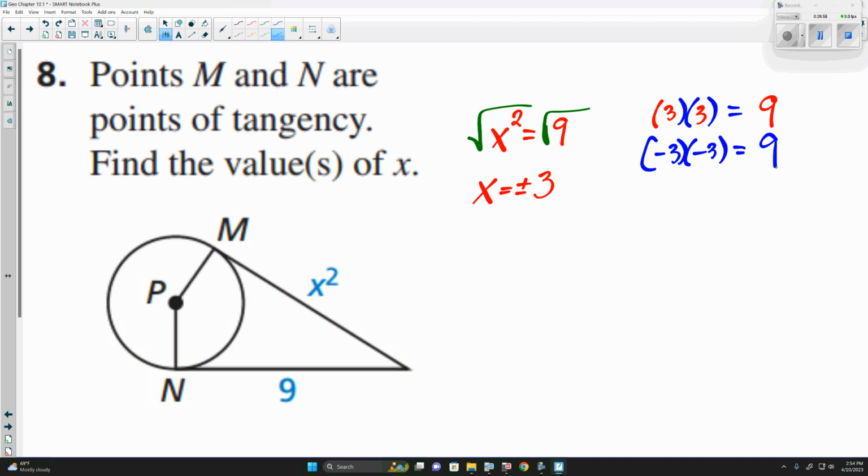Now, for most all geometry that we've done so far, when we encountered a problem like this here, we threw out the negative case, because a length cannot be negative. A distance can't be negative, right? But if we look at this problem, if I plug it back in there, that square is counteracting the negative, yes?